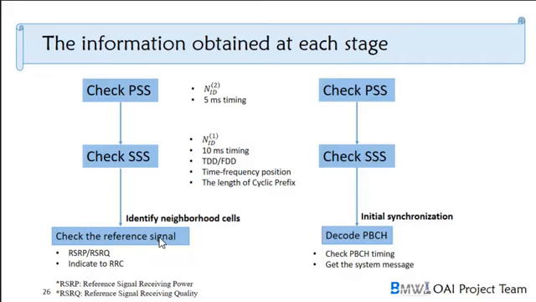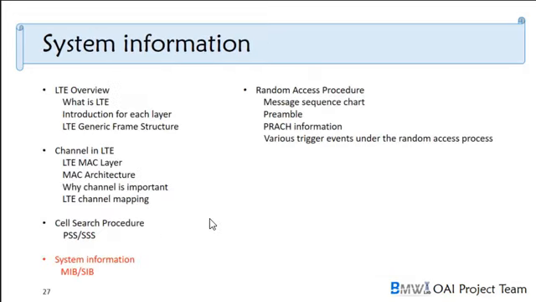On the left-hand side, because we are moving often, we need to check whether the power is enough and whether the quality is good or not. So we also have to do this part. After that is the system information.